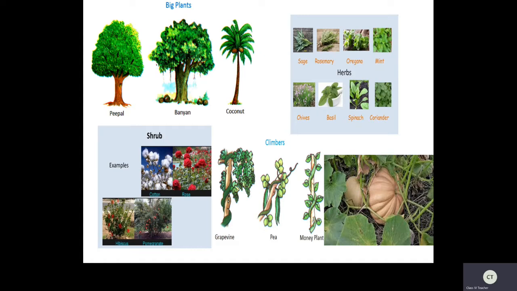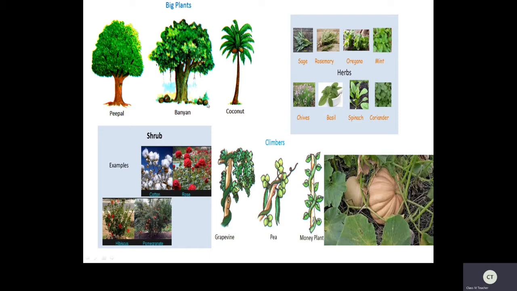Let us observe briefly about the stems. See how the stems are in trees, herbs, shrubs, climbers, and creepers. Let us observe carefully, right children? Have you noticed any difference in the stems?